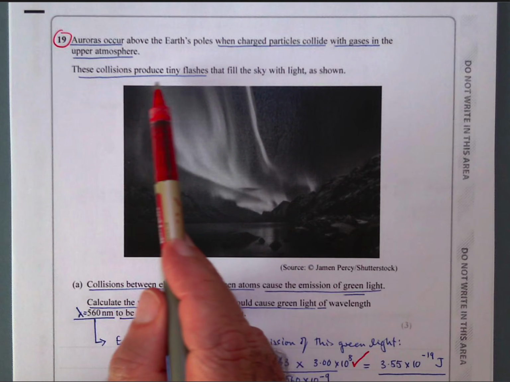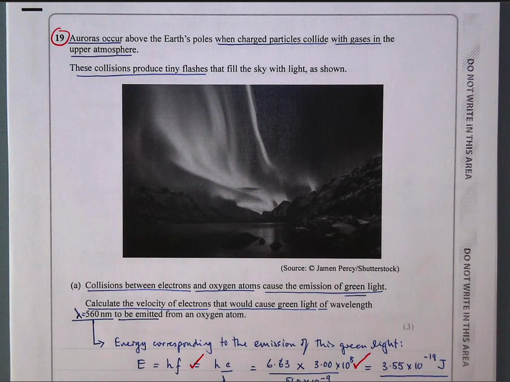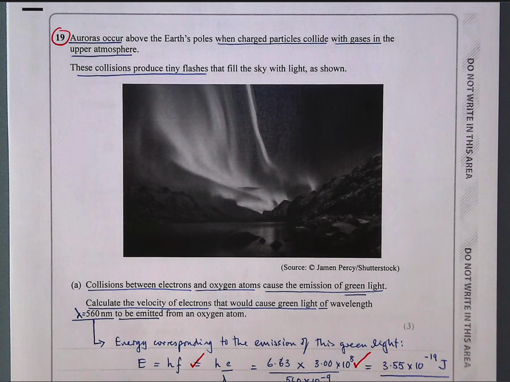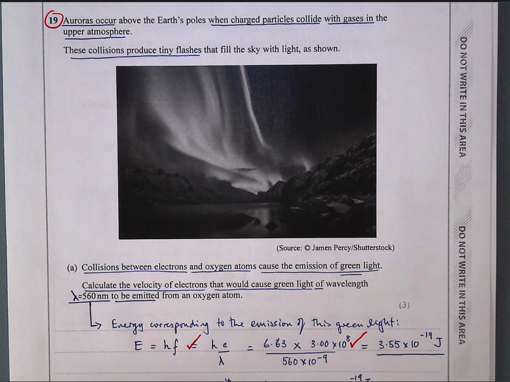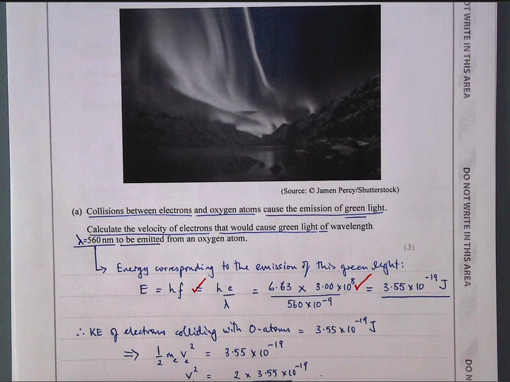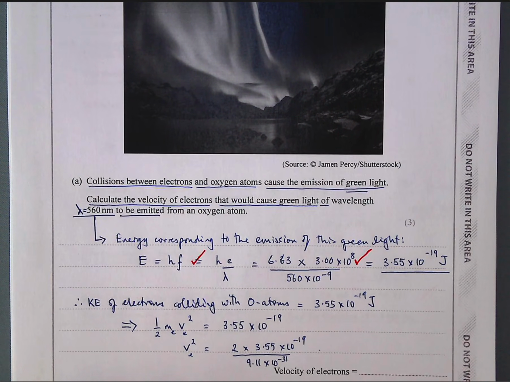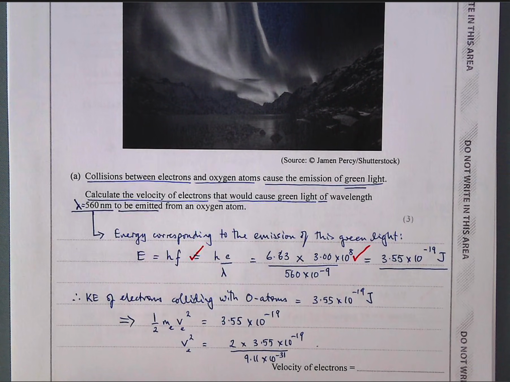So these collisions produce tiny flashes of light that fill the sky with light. I once saw them when I was a teenager, all the way down in South England. So when they're active, they can actually be seen further south than the poles. Obviously, the closer to the poles you are, the more often you'll see them.